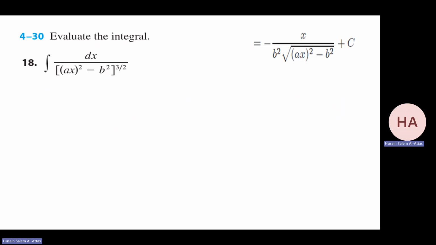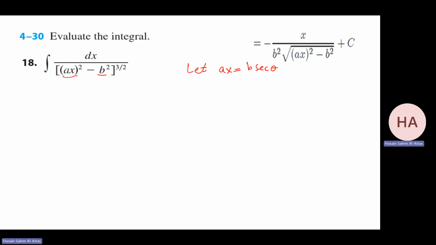Evaluate this integral. Very clear, I need secant. And I put it in terms of a and b. So I let ax be b secant theta.